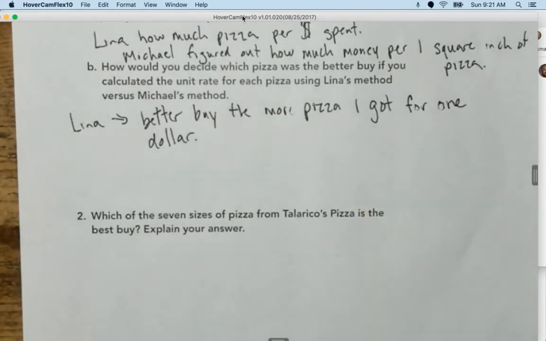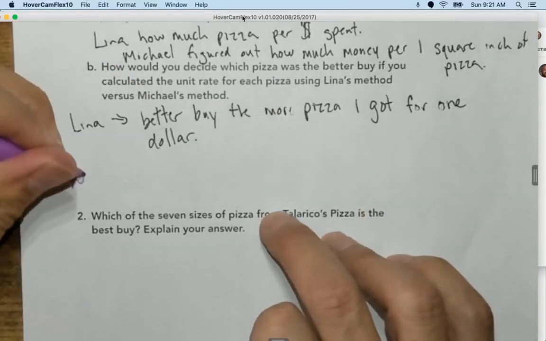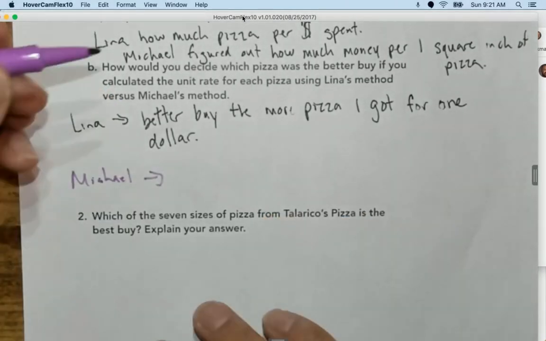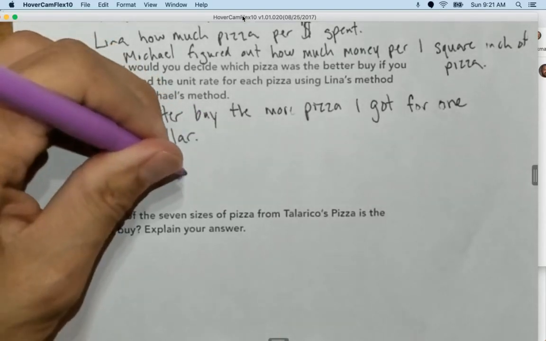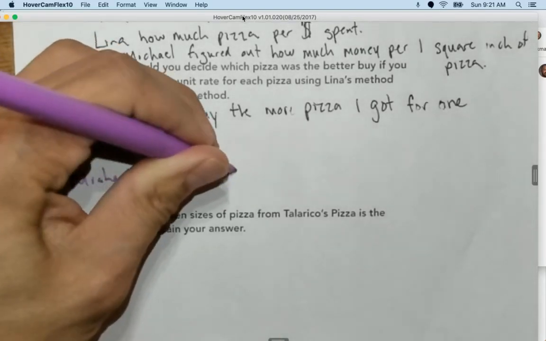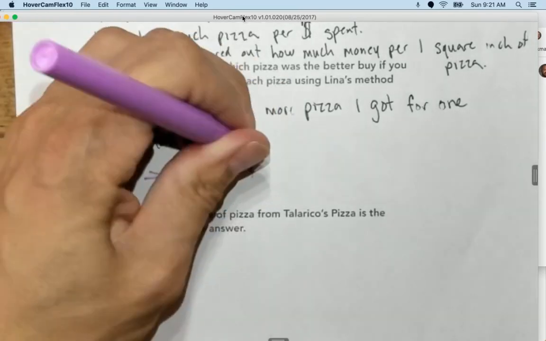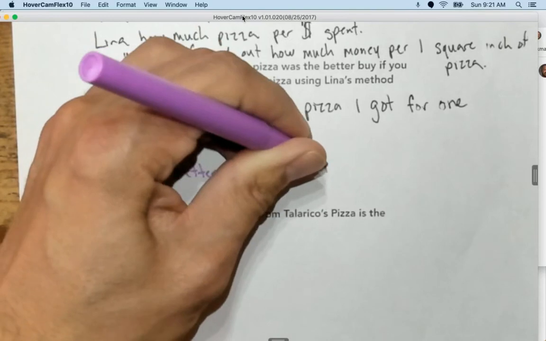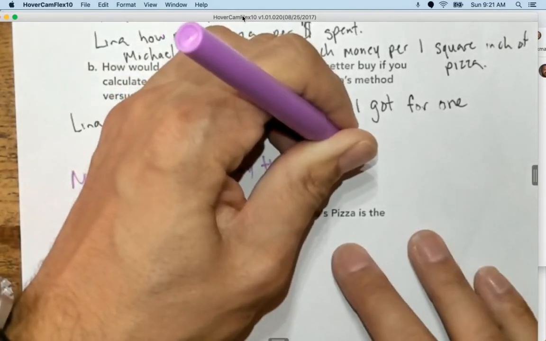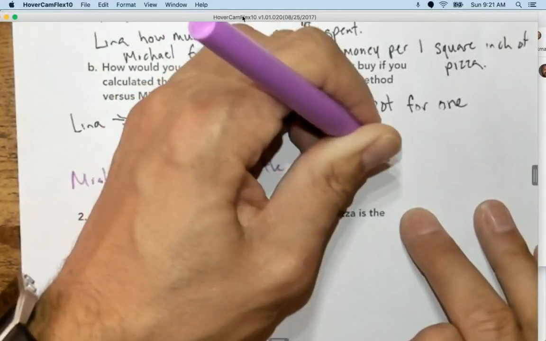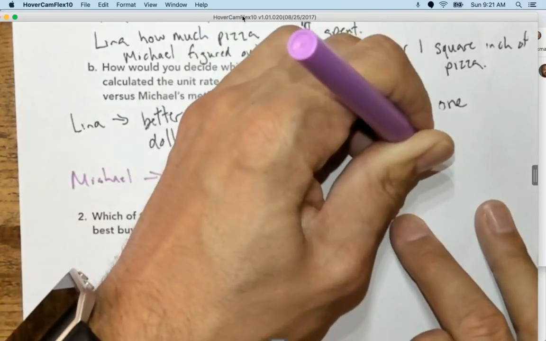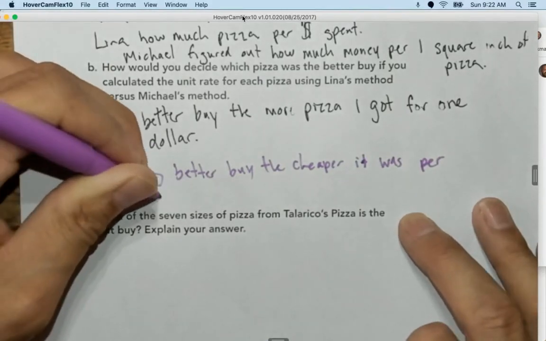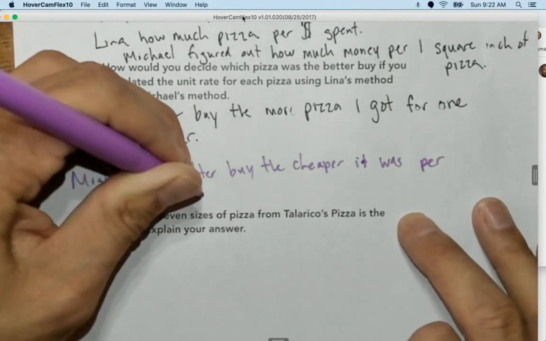For Michael, I know it would be the better buy the cheaper it was per square inch of pizza.